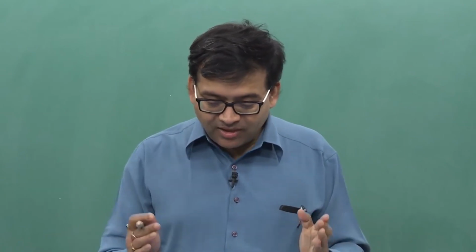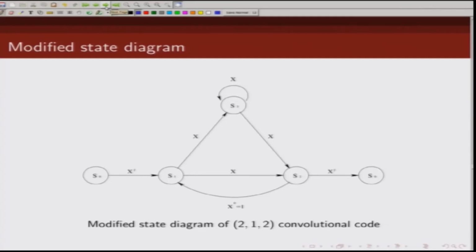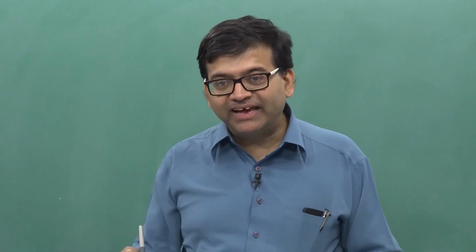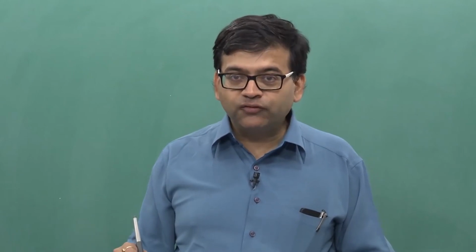Now, the next step is we need to find out what are the forward paths, what are the loops, what are the non-touching loops, and then we need to find out the path gains along those forward paths.